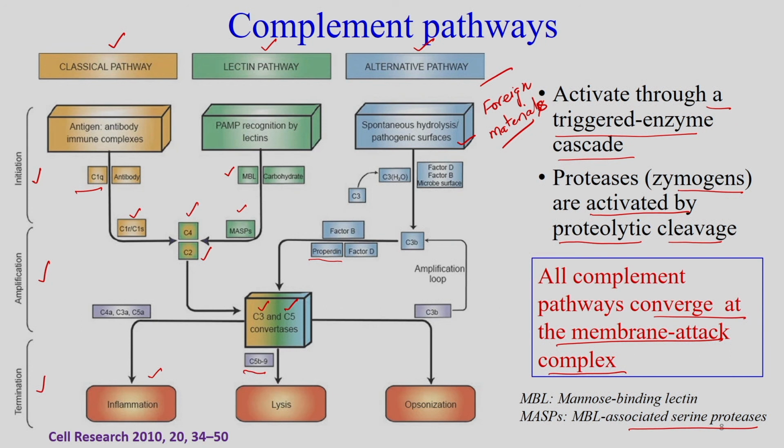So, ultimately what is happening here is that some foreign material is coming inside the body, so it gives a foreign body response, and for the foreign body response these are the complement pathways: the classical, lectin and alternative pathways.